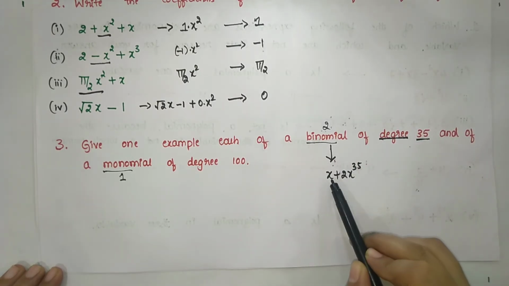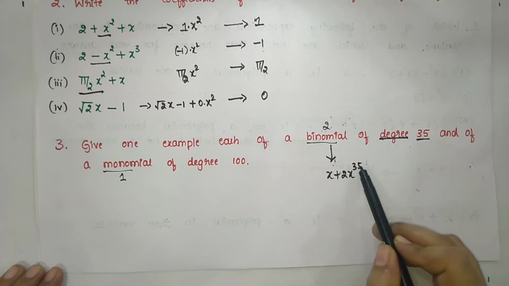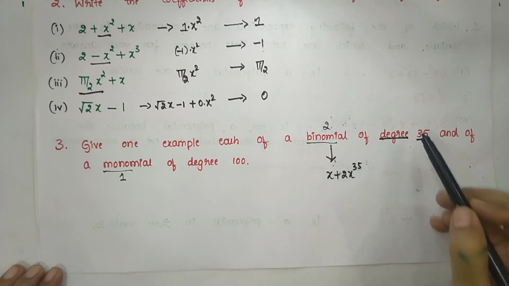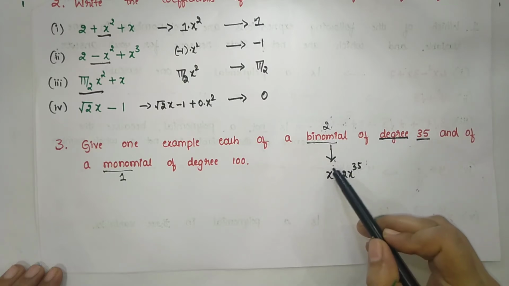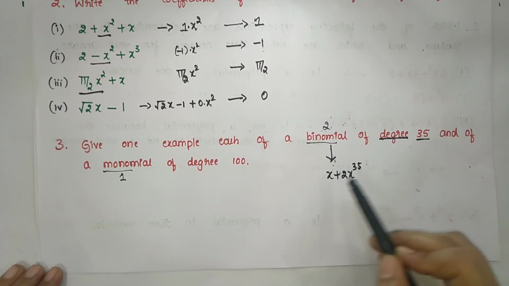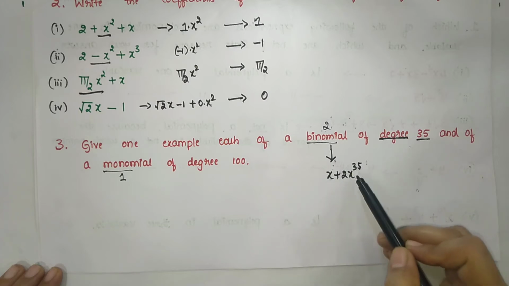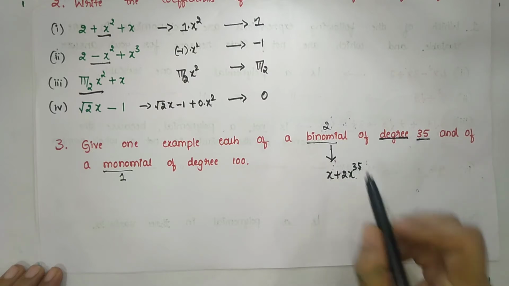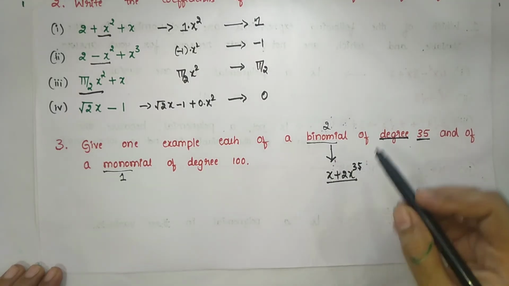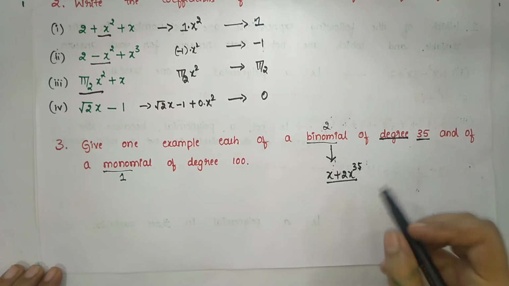There are two terms: x is one term, 2x power 35 is the other term. The highest power of the variable, that is the degree: x power 1 and x power 35 are there, and among them x power 35 is the highest power, so the degree is 35. So it can be given as an example for a binomial of degree 35.